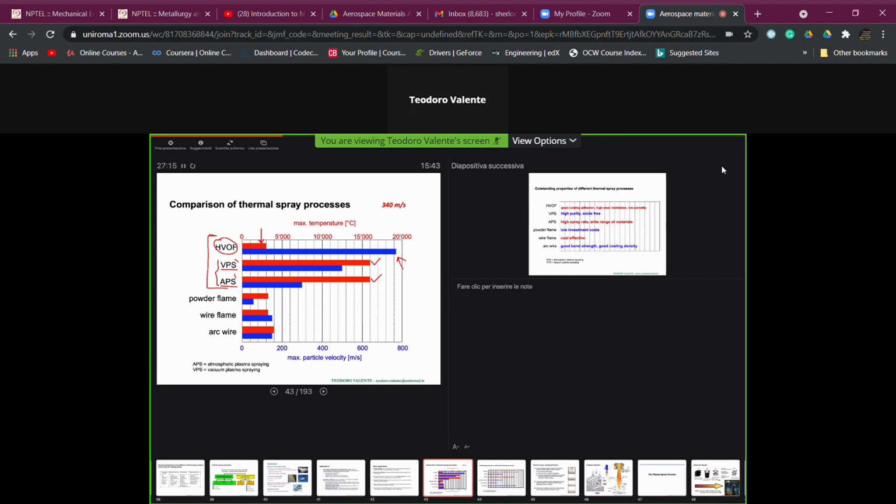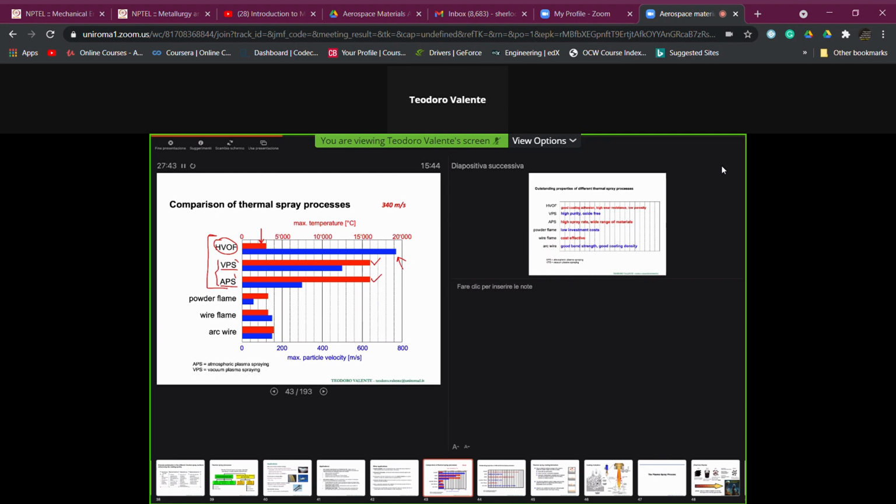If we fabricate the top coat by VPS, we should have lower porosity values, of the order of some percent, but they are still too high to prevent oxygen diffusion, and so we select APS and then put together the double system with the bond coat.